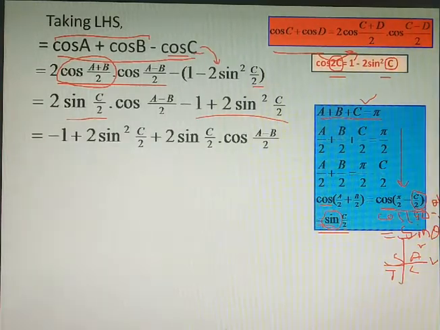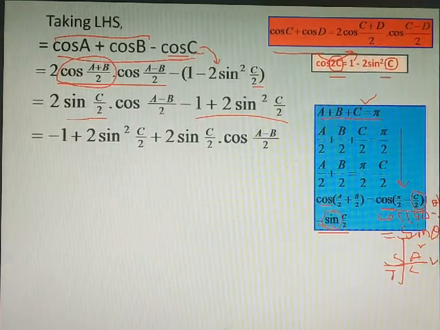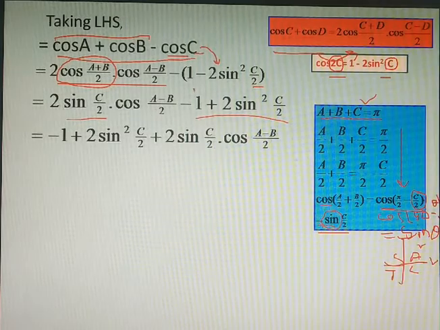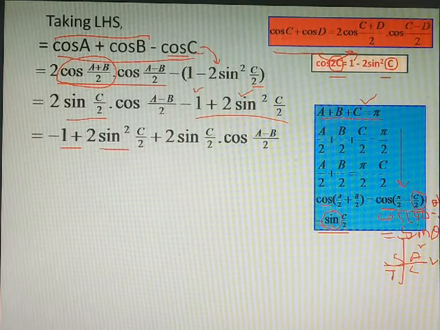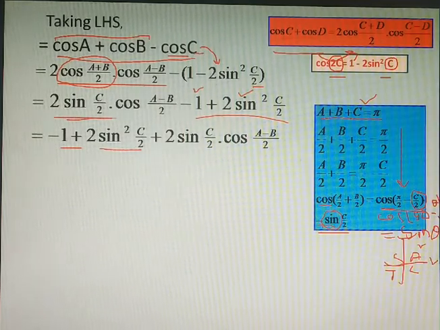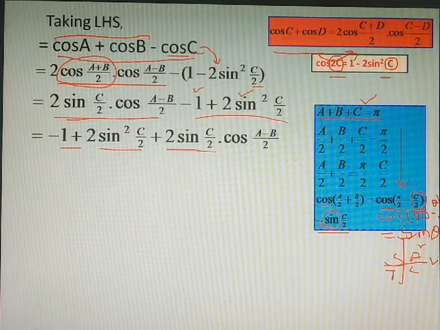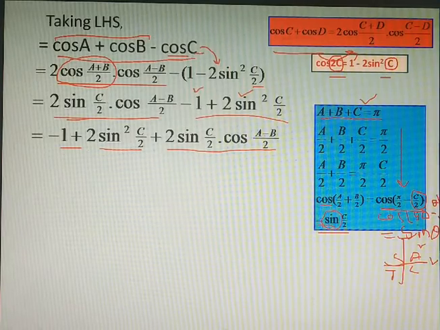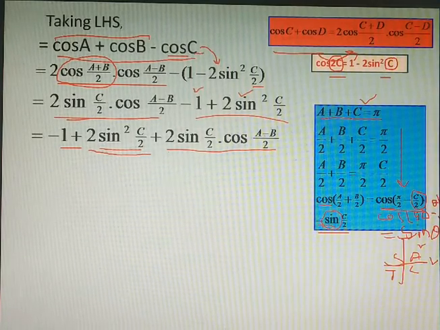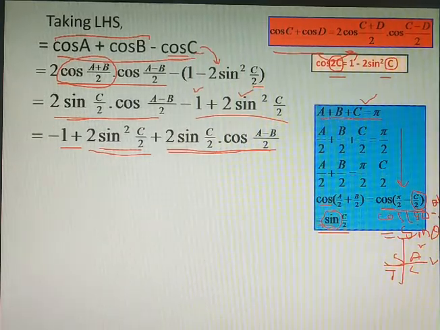Then after this step, we will change the position of −1 and 2 sin²(C/2). They will be kept first and second, and then this part will be placed as the last factor, so that we can easily take a common factor between the second and third terms. So what is the common factor here?